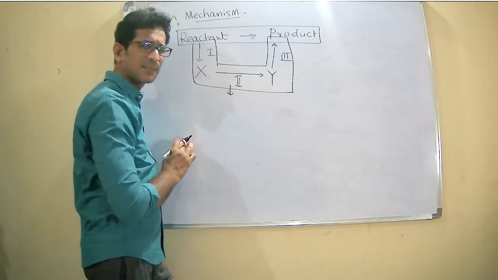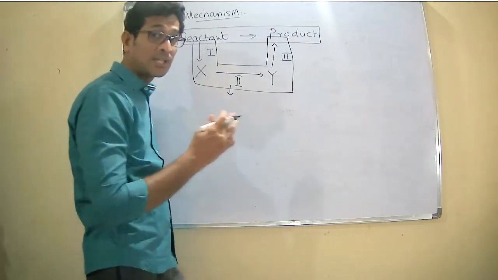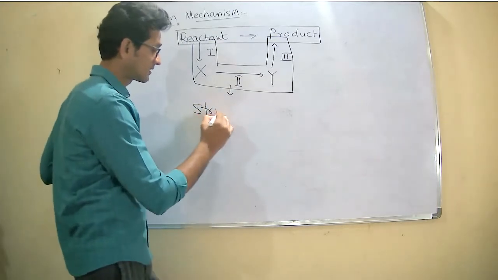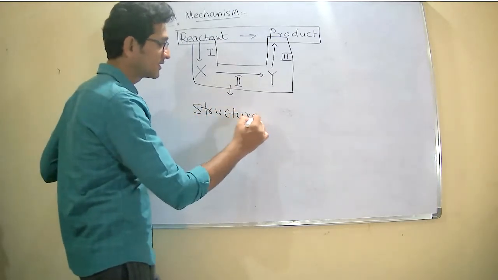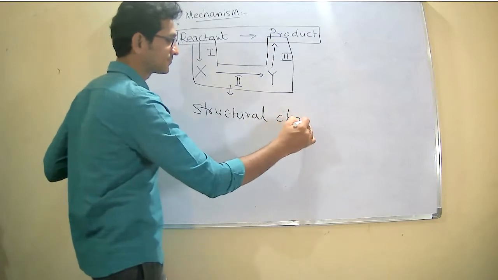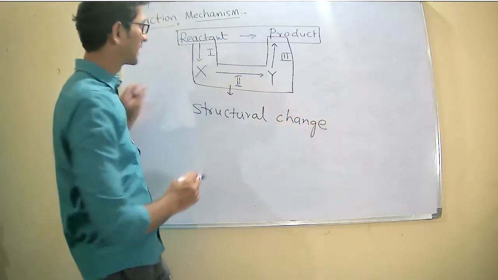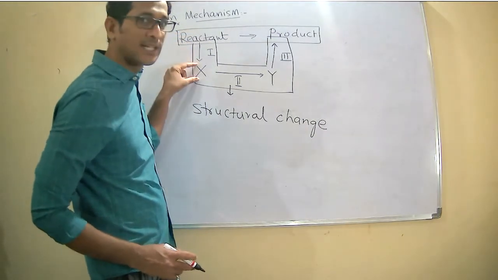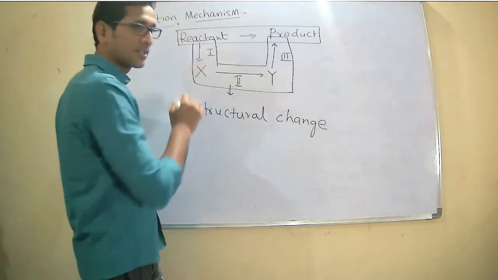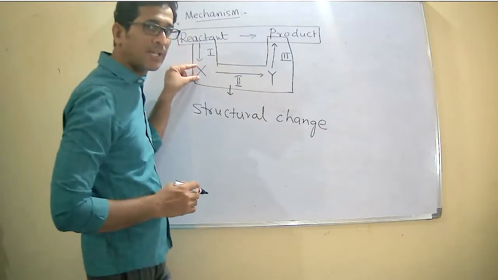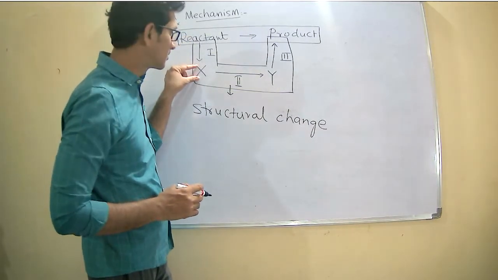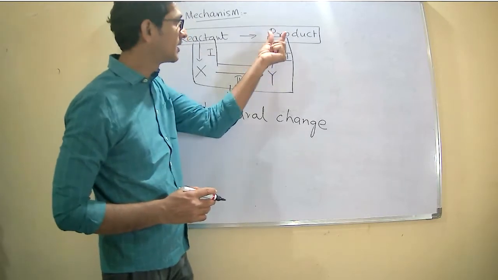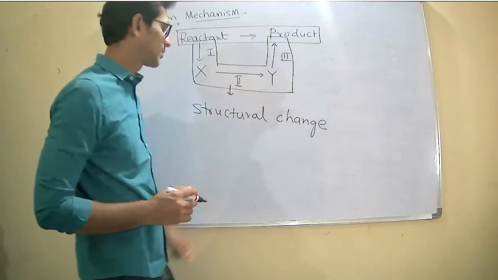And this reaction mechanism not only deals with the structural change. See here, initially a reactant converts into X. During this, there will be a change in the structure observed, some change in the chemical structure, and finally our desired product.